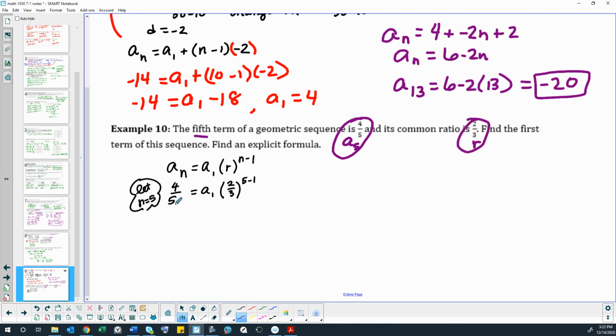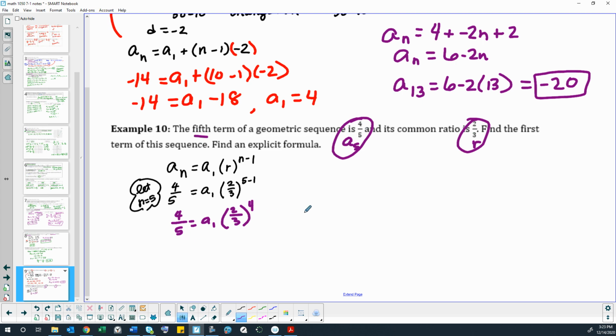So the 5th term is 4/5. We don't know a sub 1. The ratio is 2/3, and that's going to be to the 5 minus 1 power because 4/5 is the 5th term. So that gives us 4/5 equals a sub 1 times 2/3 to the 4th power, right?